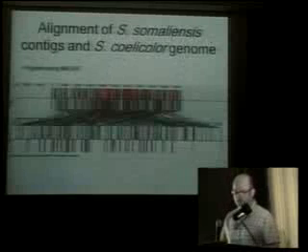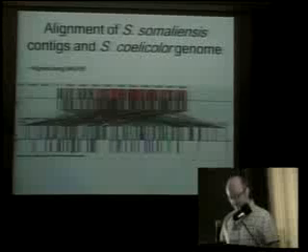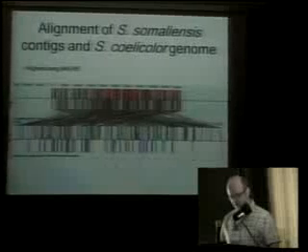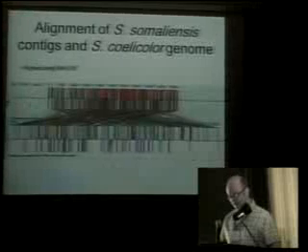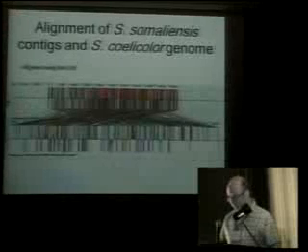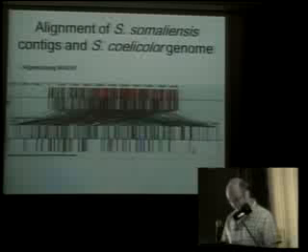So we can align these genomes with known Streptomyces genomes, and you can see that largely there is a clustering of these open reading frames of Streptomyces somaliensis on the top, and they largely fall within the core region of the Streptomyces coelicolor genome.